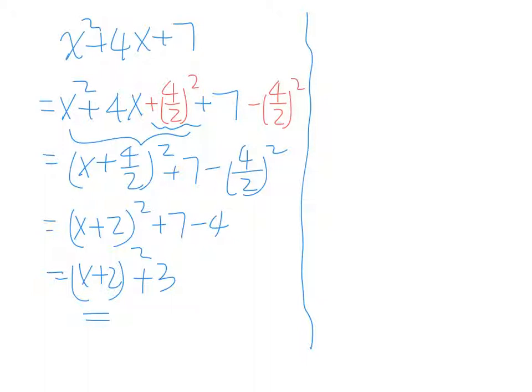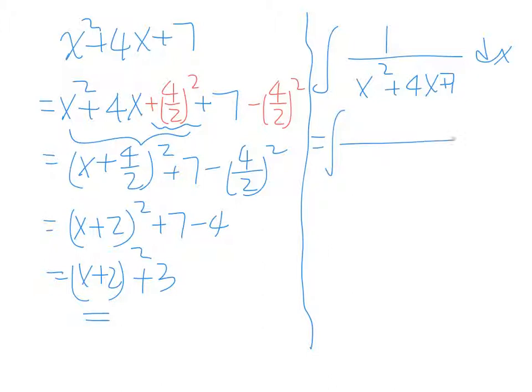In our class, in our course, we are expected to do something like this. What if the integral of 1 over x squared plus 4x plus 7 is given, and we need to find the antiderivative. Only if you can get from here to here can we move on, because the quadratic is really x plus 2 quantity squared plus 3.